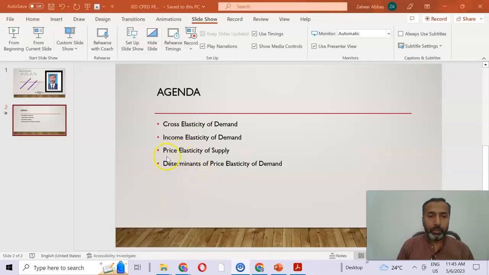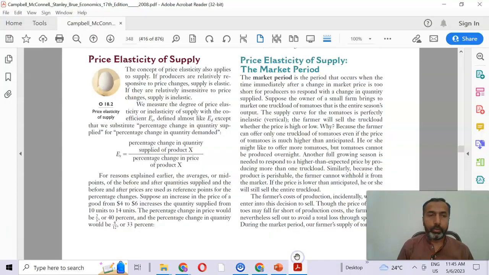Now we shall discuss the price elasticity of supply, which is the third topic of this tutorial. Let's go to our book page. Now, price elasticity of supply measures how responsive the supply of a product is to a change in the price of the same product.